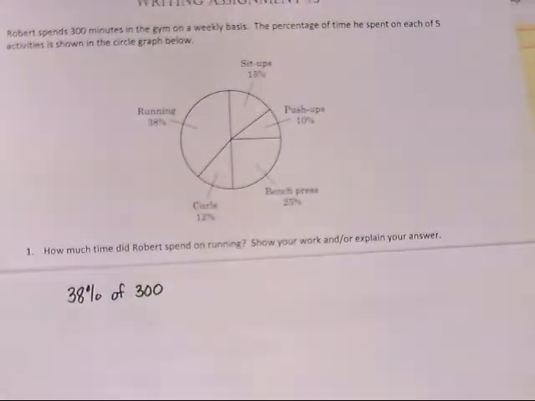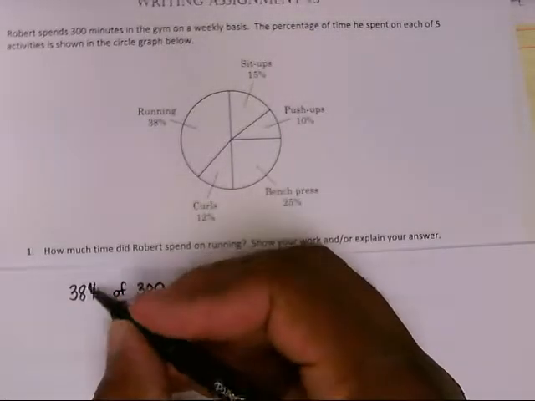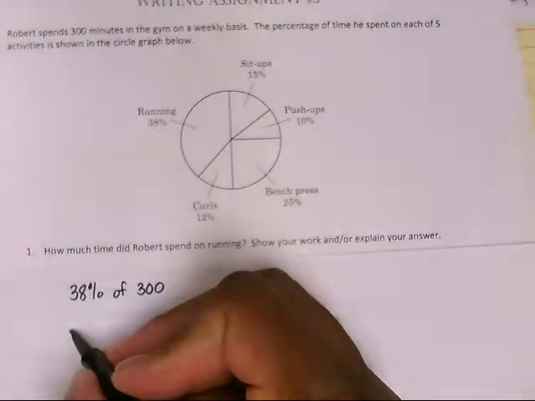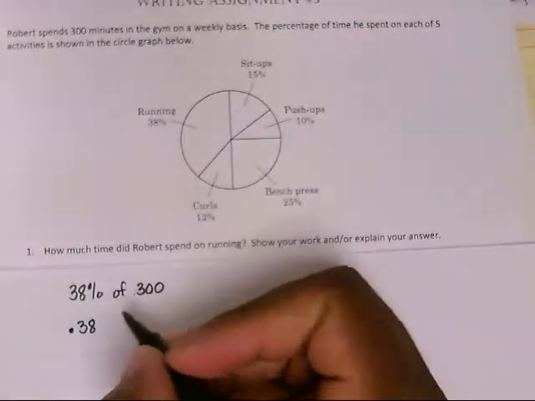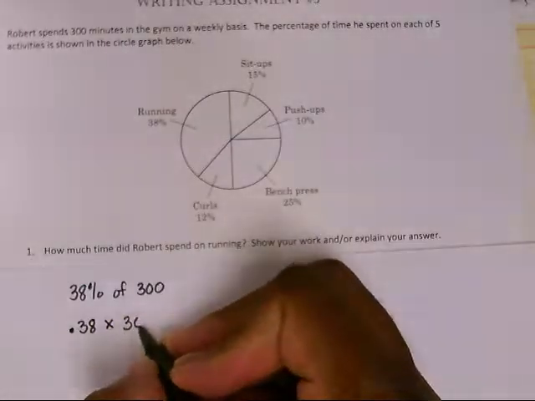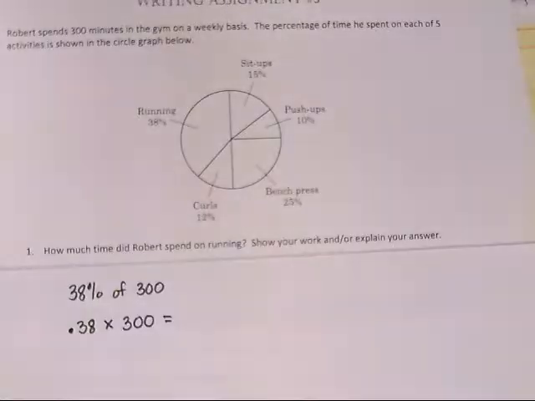Okay, we need to change 38% to a decimal. Here we drop the percent sign and move the decimal point 2 places to the left. So the decimal point will be in front of the 3. So it'll be 0.38. "Of" means we need to multiply by 300, so it'll be 0.38 times 300.